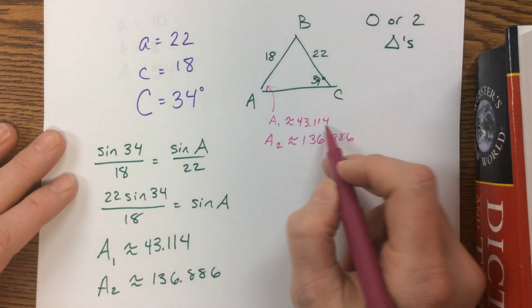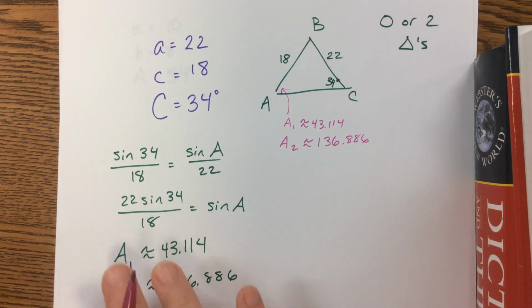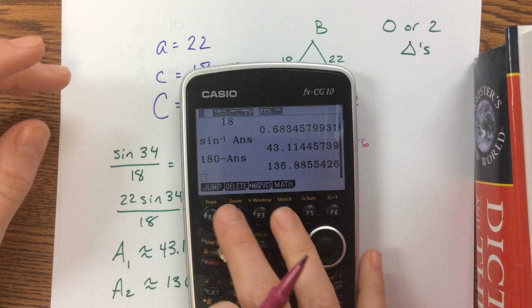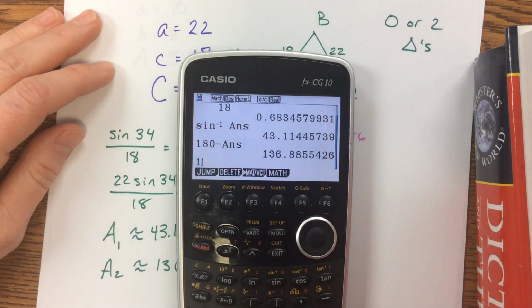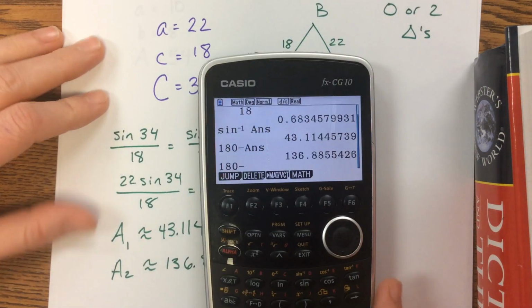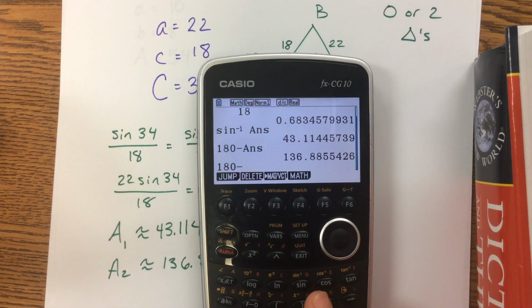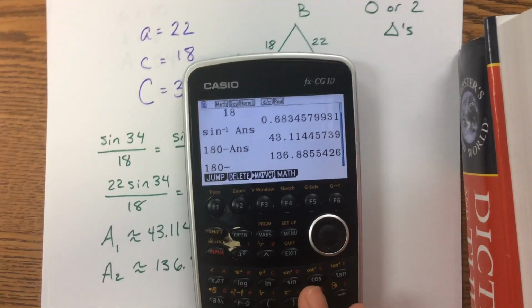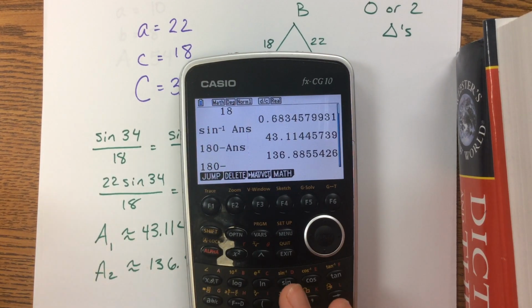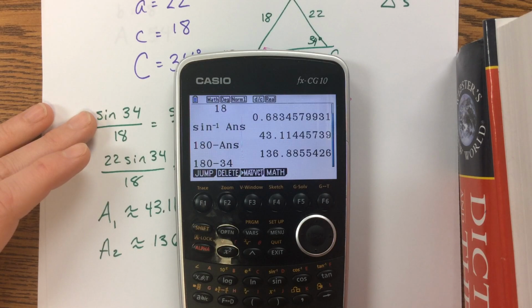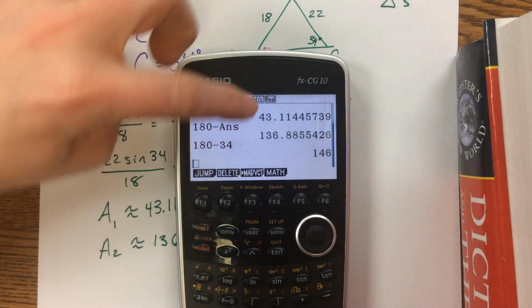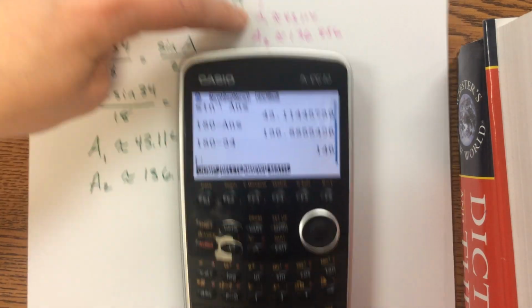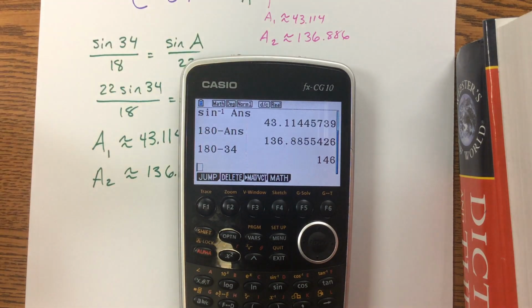So if A1 is 43, then we know we had a total of 180 degrees. We've already spent 34 of them on angle C. We're going to subtract out A1, 43.114.